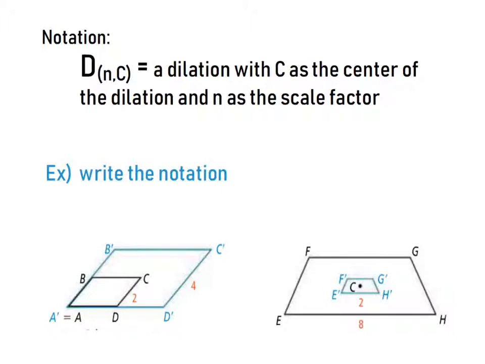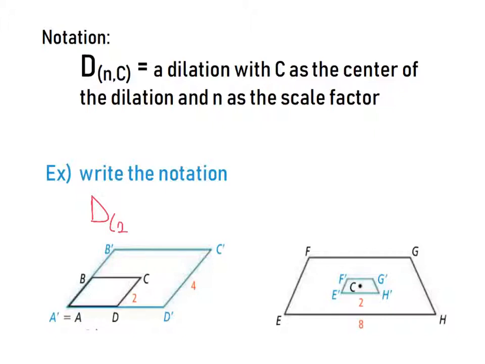On this first example, it's a dilation, so I write dilation of. Now the first thing is the scale factor, and they're going to give you a couple of sides so you can compare them. If you look at these corresponding sides, the pre-image is a 2 and the image is a 4. What did I just do to that? I just doubled it, so it's a scale factor of 2.